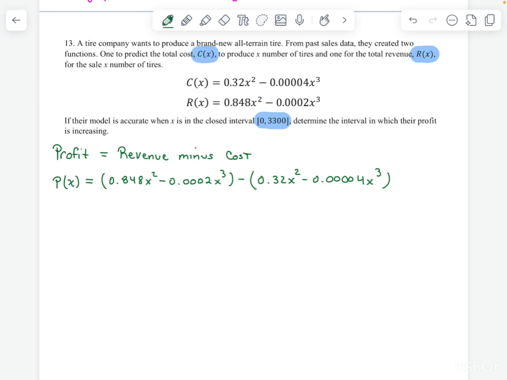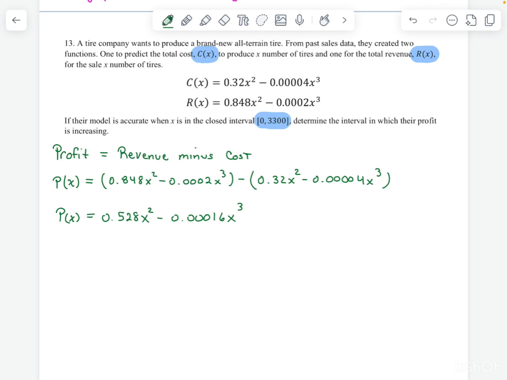Distributing the -1 and combining like terms, we'll have this. So the profit in terms of X will be 0.528x squared minus 0.00016x cubed.